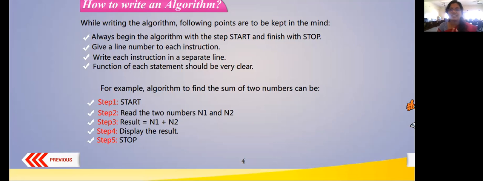First you're supposed to say start to the computer. When the computer reads the word start, it understands that the next instructions are problem solving instructions or program instructions. So you have to have a proper start.